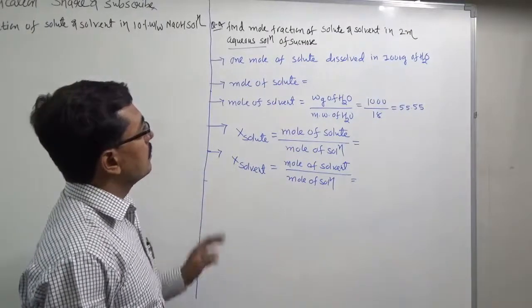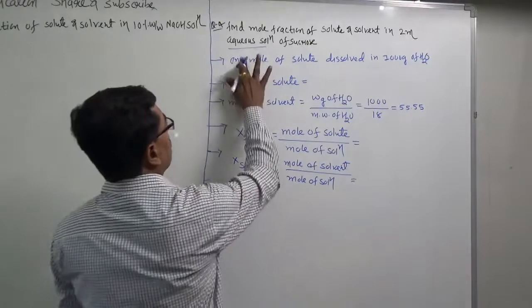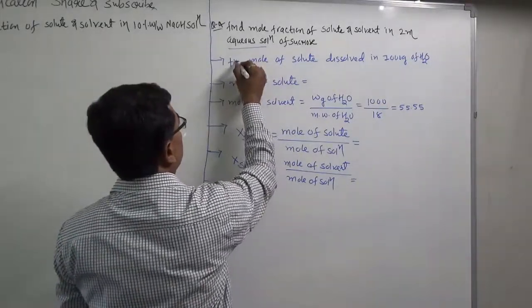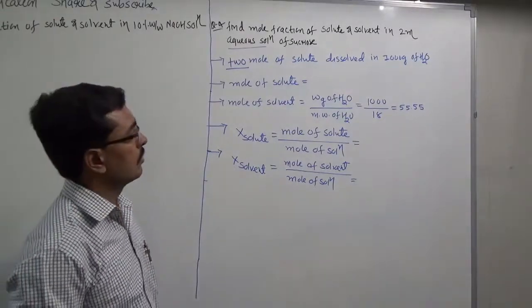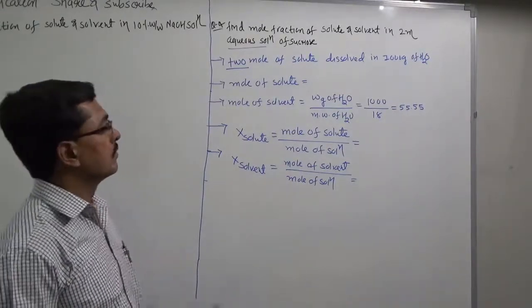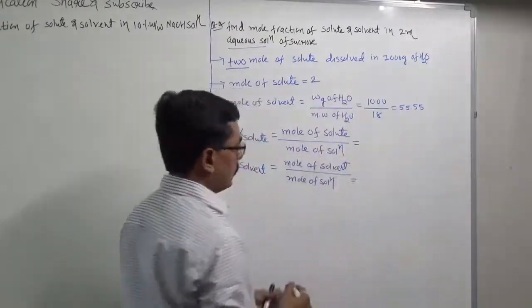Now in solutions, the meaning of this 2 molar solution we can write in this way: 2 molar solution means 2 mole of solute dissolved in 1000 gram of solvent, or 1000 gram of water. So now mole of solute in this numerical will be 2.